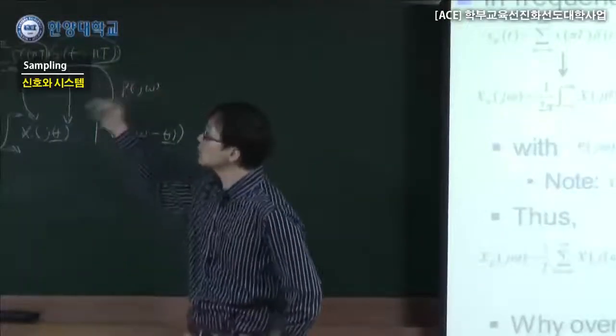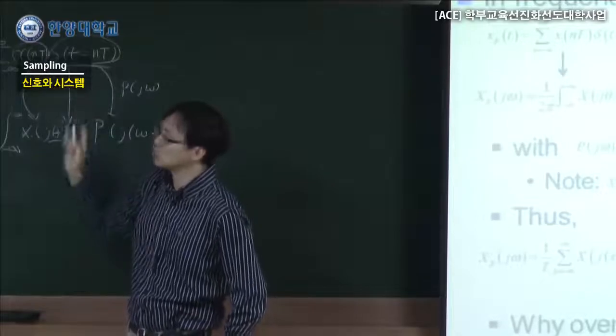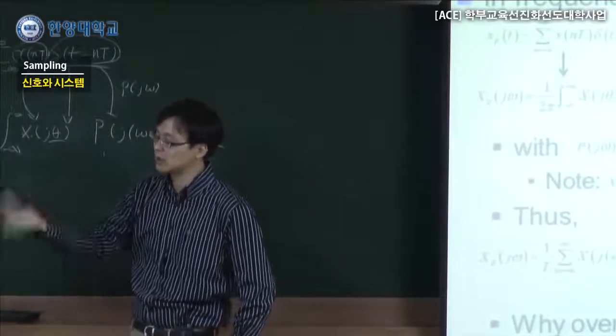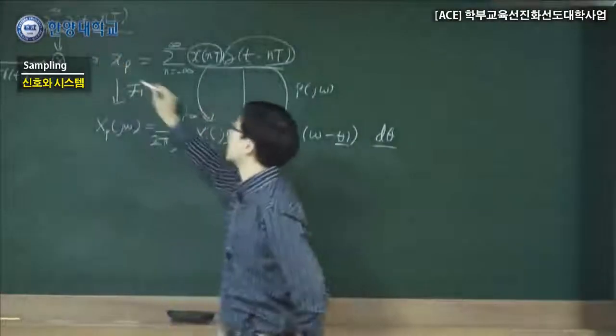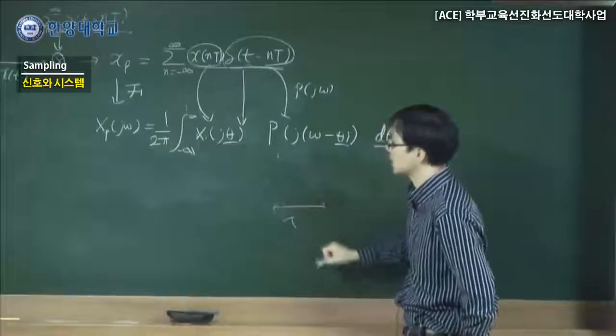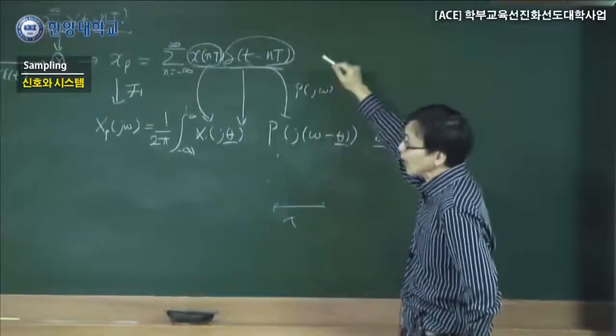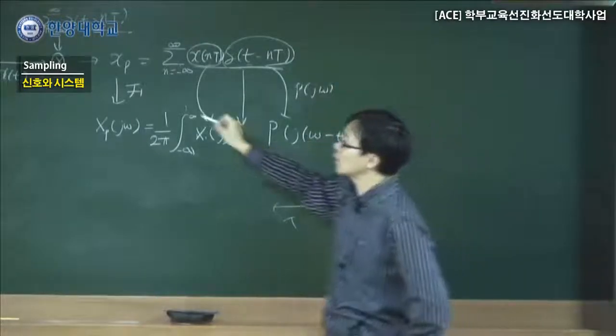So in short, when you do the sampling, when you change continuous time to discrete time, we multiply by an impulse train to get a sampled value at equally spaced T in time. Now we change to frequency domain. To go to frequency domain, we need a Fourier transform.